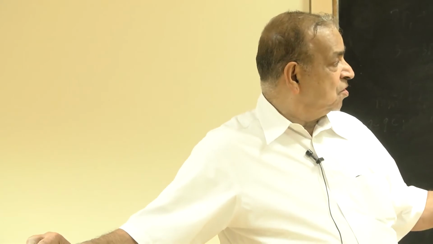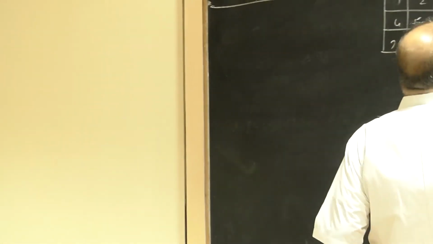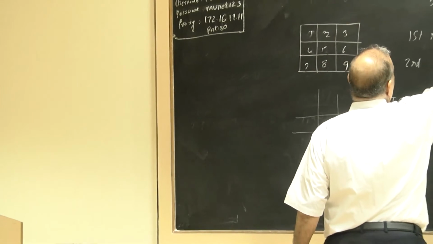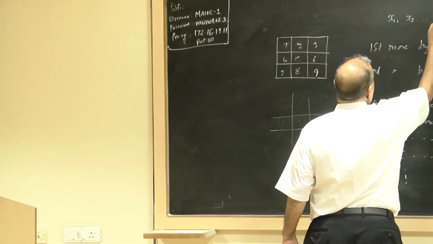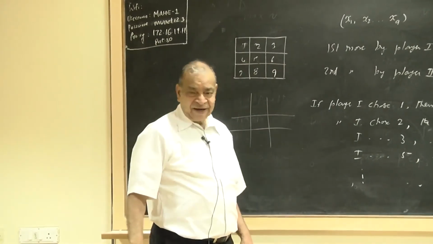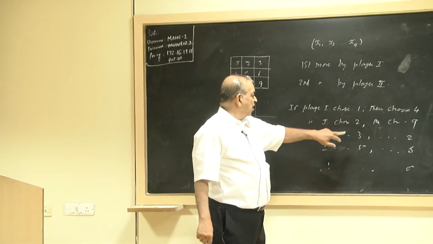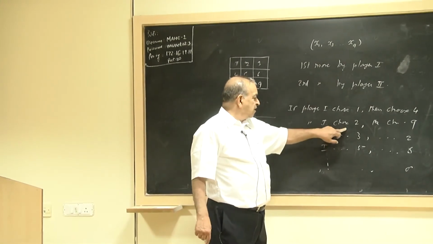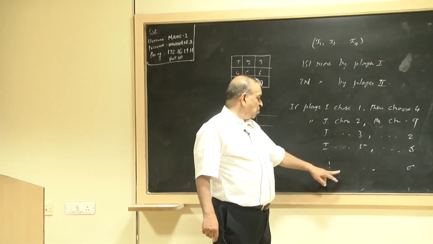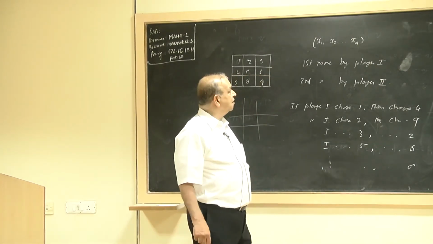So you can write this succinctly as a vector, x1, x2, ..., x9. For example, x1's value according to this strategy is 4, x2's value is 9, x3's value is 2, x9's value is 8.